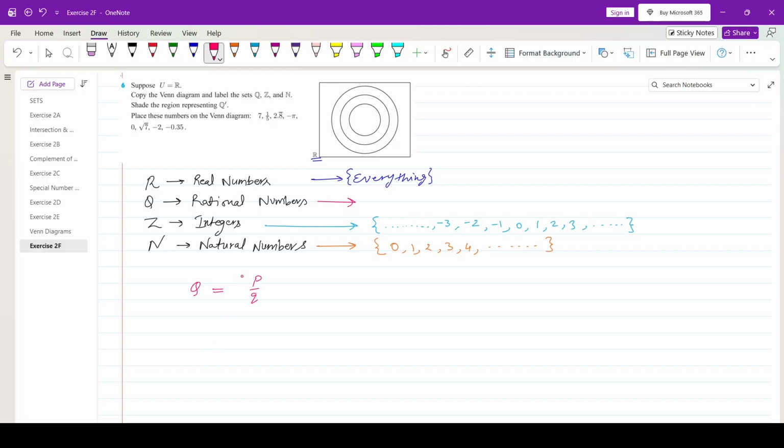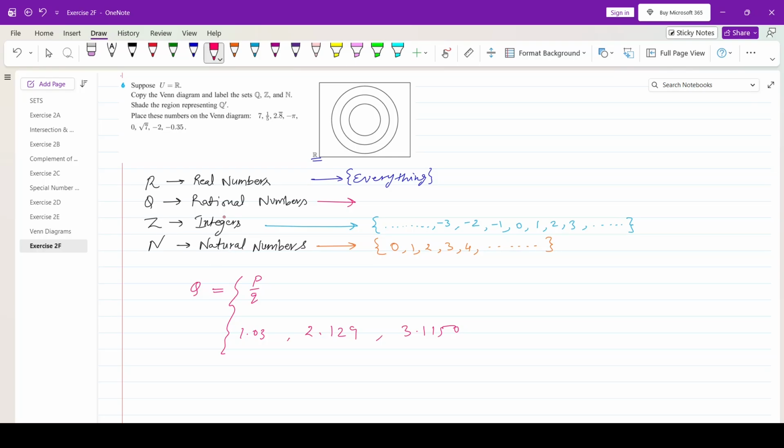Rational numbers is also of the form 1.03, 2.129, 3.1150. So all the terminating decimal numbers can be represented as rational numbers, and all the numbers in P divided by Q form can also be represented as rational numbers, where P and Q both are integers.